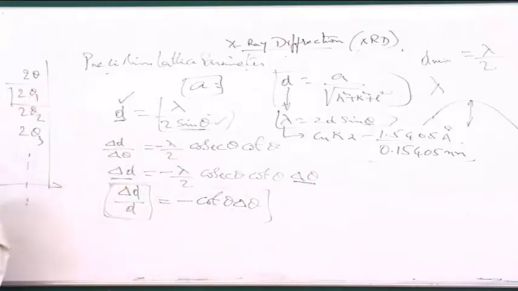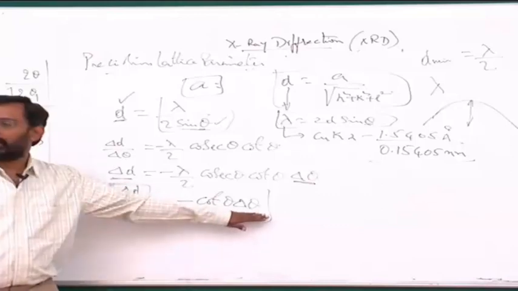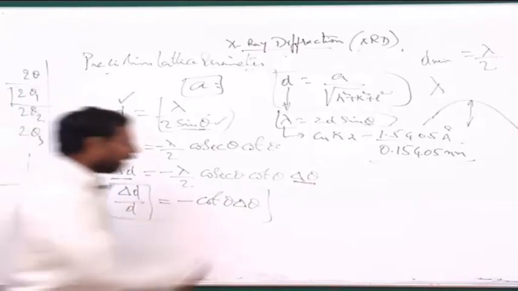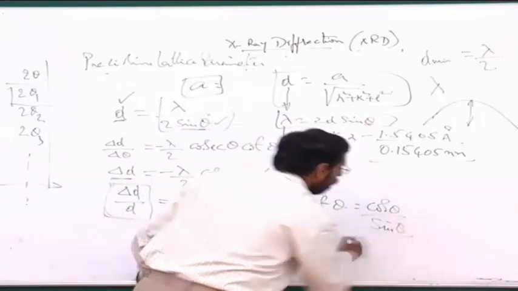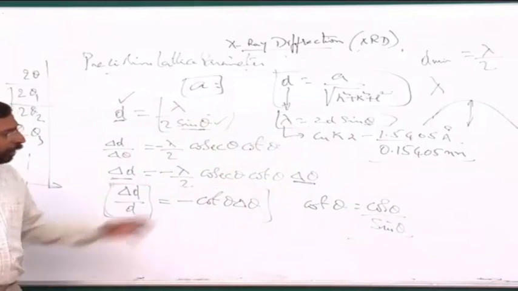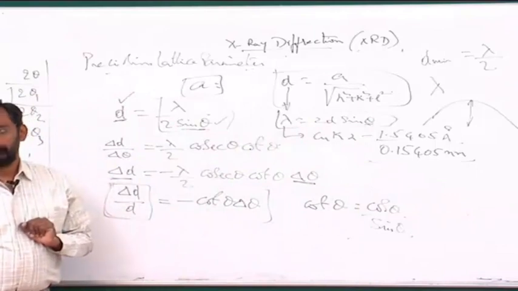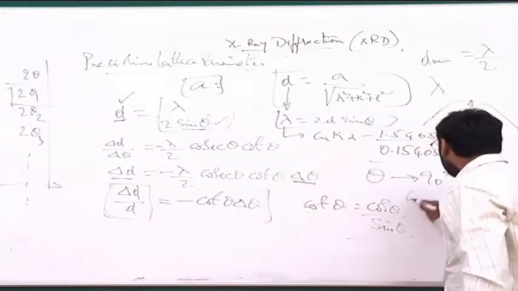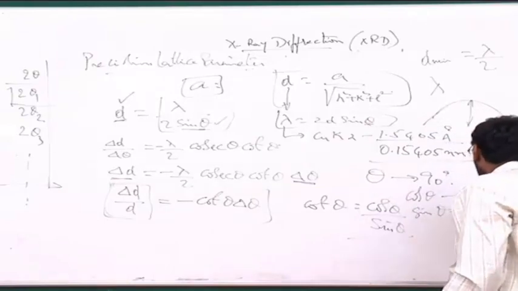This is the formula that you get, which tells you that the variation in d, or the error in d caused by an error in theta, is related to cot theta. What is cot theta? Cot theta is cos theta by sin theta, right? If theta is very large, as theta tends to 90 degrees, cos theta tends to 0 and sin theta tends to 1.